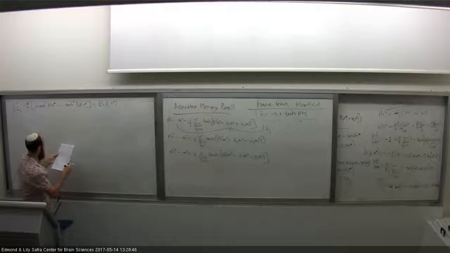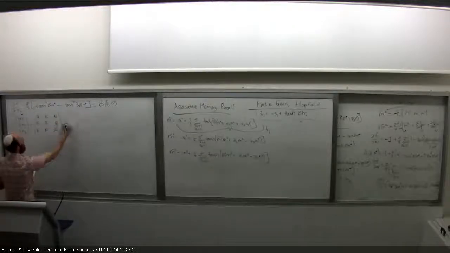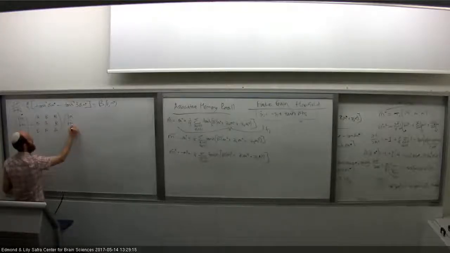So for the net set of equations that are perturbations, our perturbation vector time derivative is going to be a matrix with a, b, b; b, a, b; b, b, a, times the perturbation vector itself, delta m1, delta m2, delta m3.